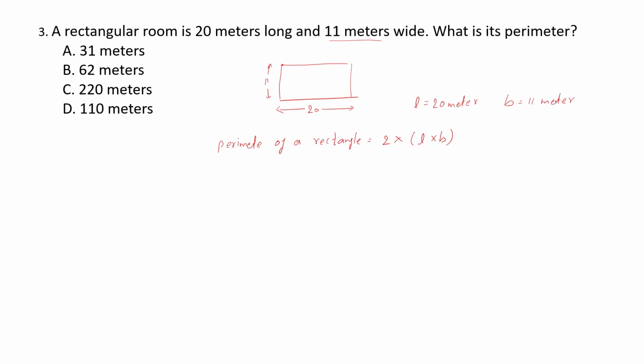Now substitute the values of L and B in this formula. So 2 into 20 plus 11. 20 plus 11 means 31. So it is 62 meter. So option B.